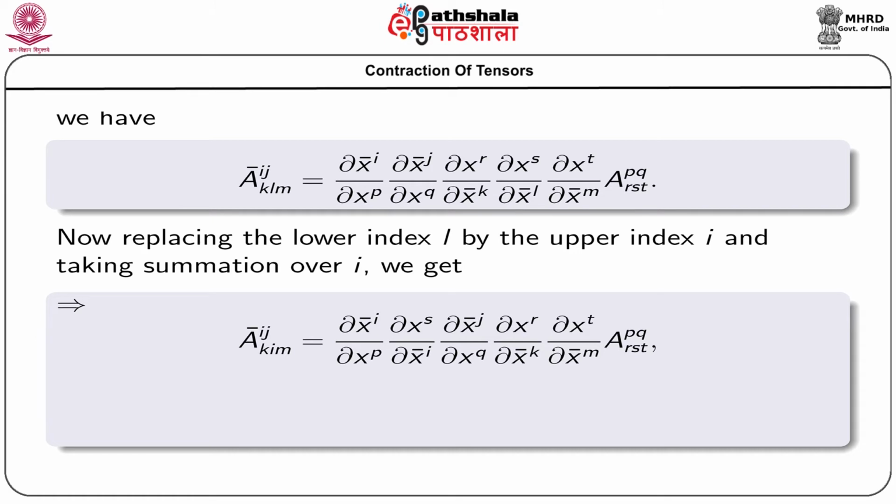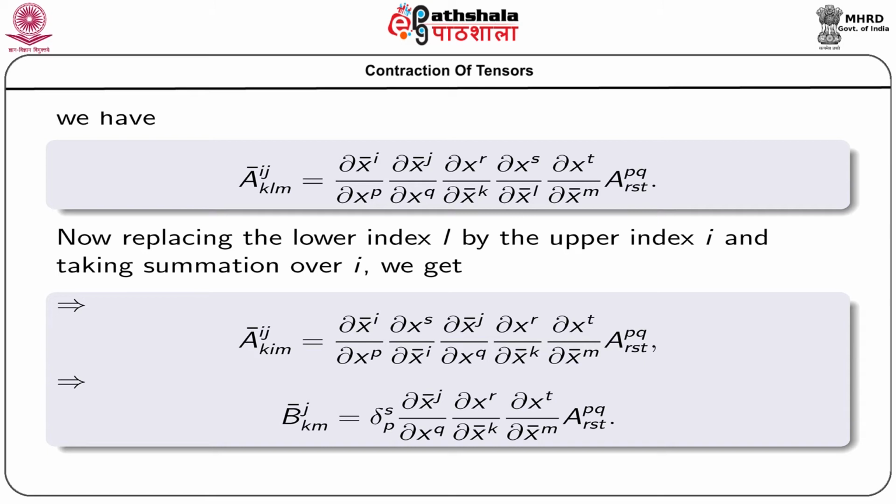In the right hand side expression also we change l to i, that is del x bar i, del x p, del x bar s, del x bar i, del x bar j, del x q, del x r, del x bar k, del x t, del x bar m, A p q r s t, which takes the form of this one.